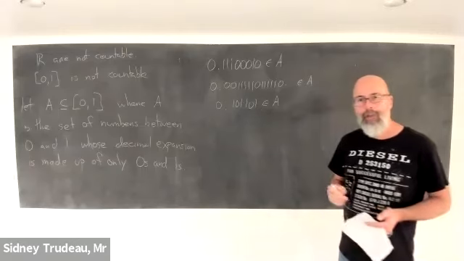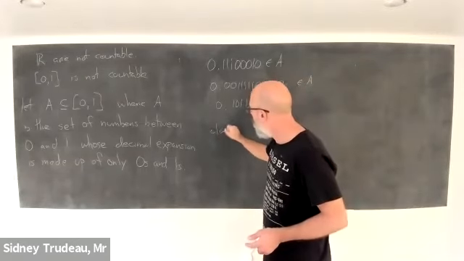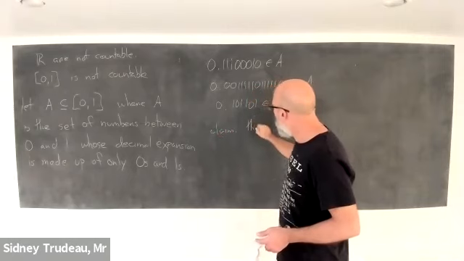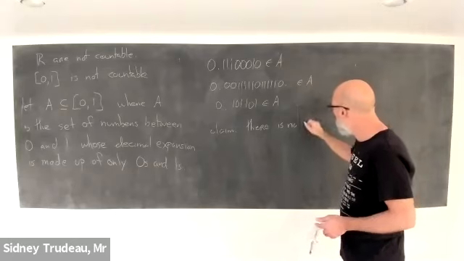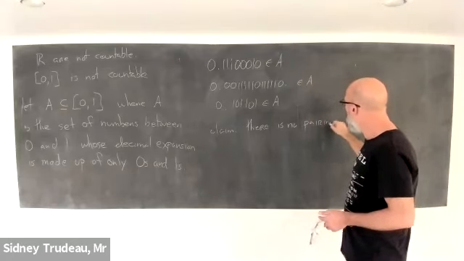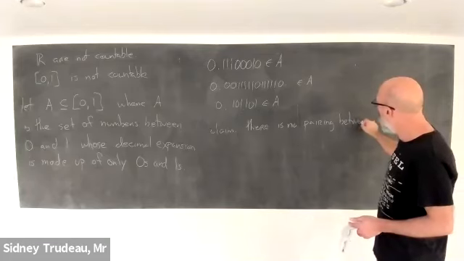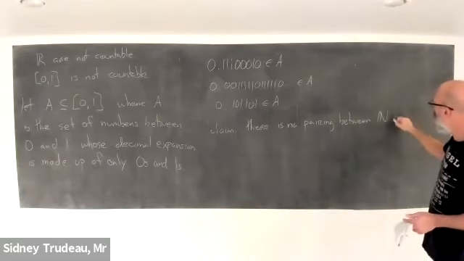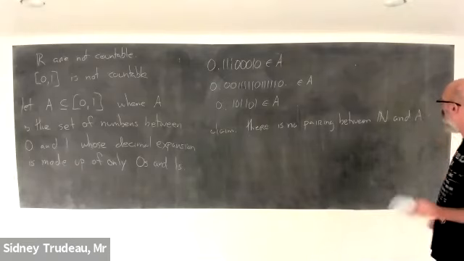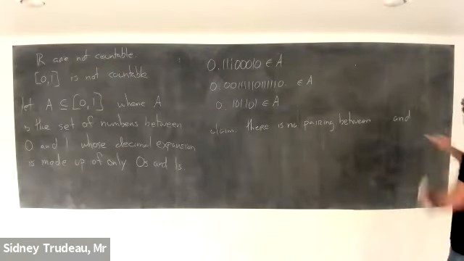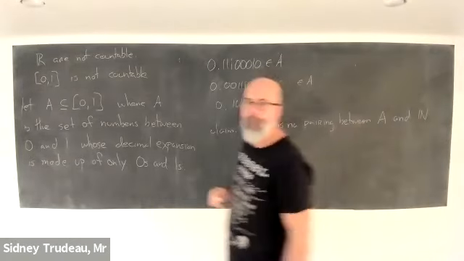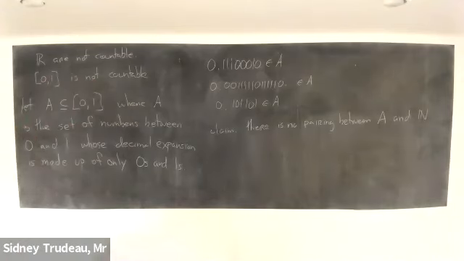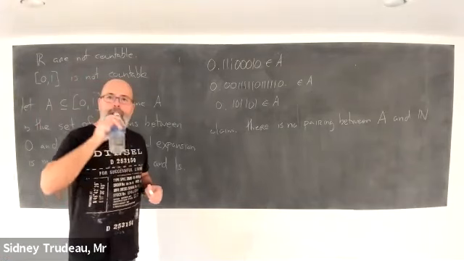So what I'm suggesting, here's the claim. There is no pairing between the natural numbers and A, or between A and the natural numbers. And how are we going to prove that?